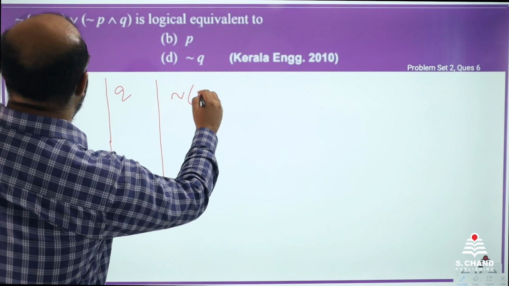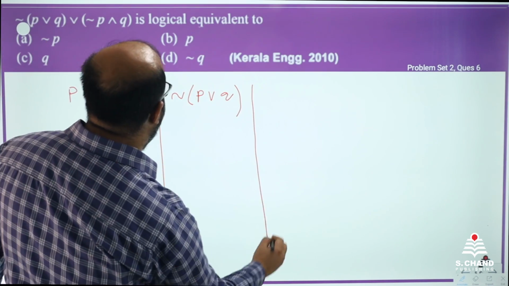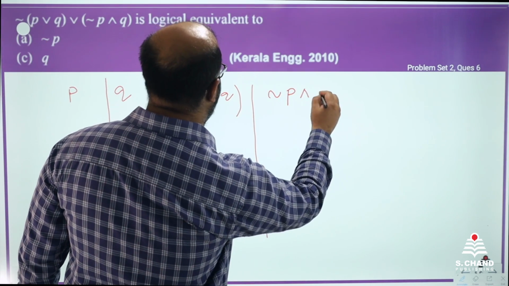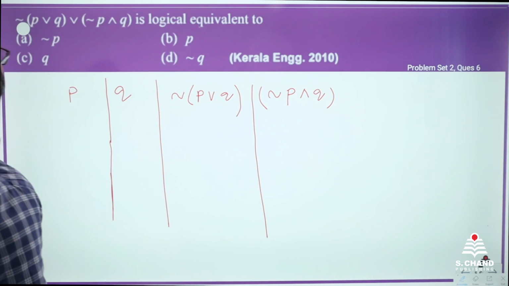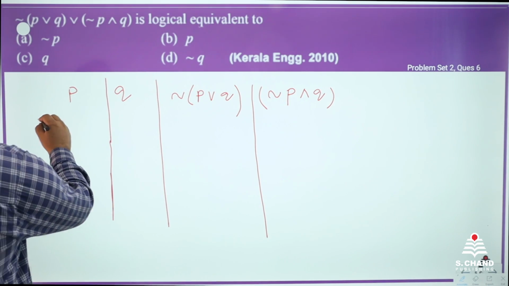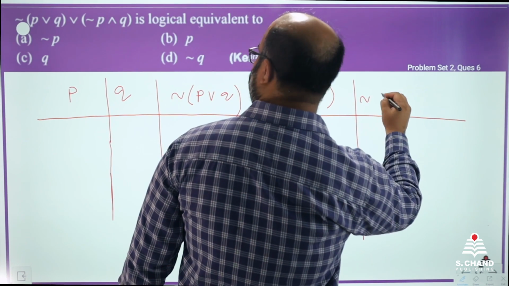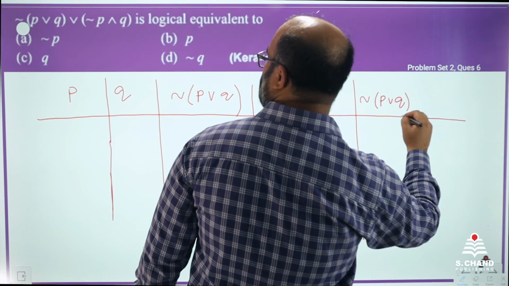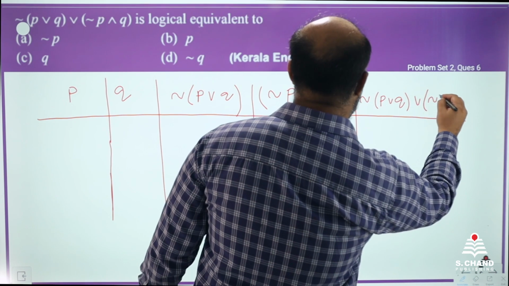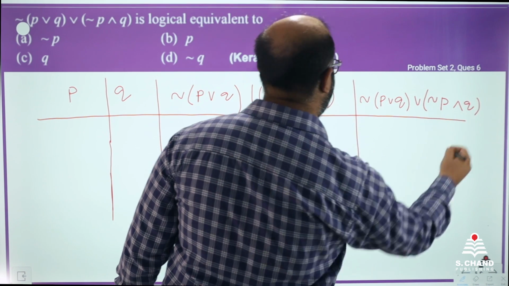Not of P or Q and not of P and Q, like this. And then we finally take the OR of not of P or Q or not of P and Q, like this.